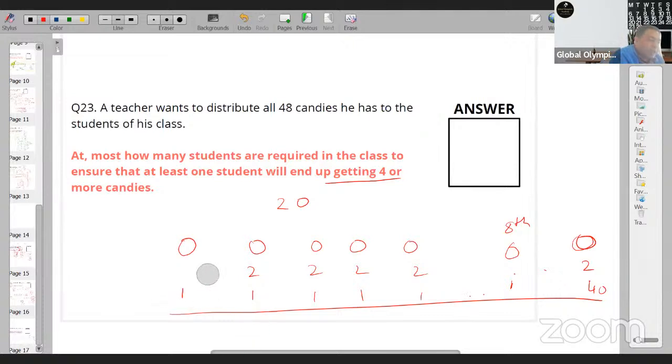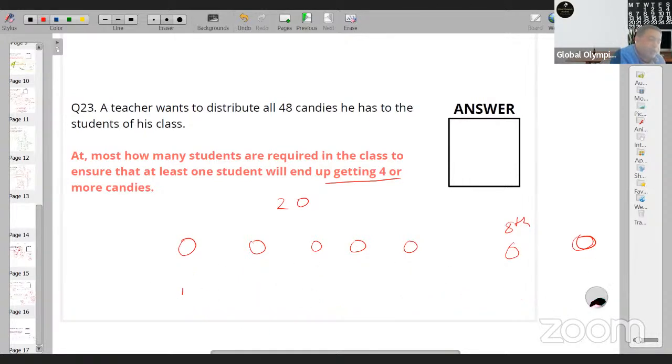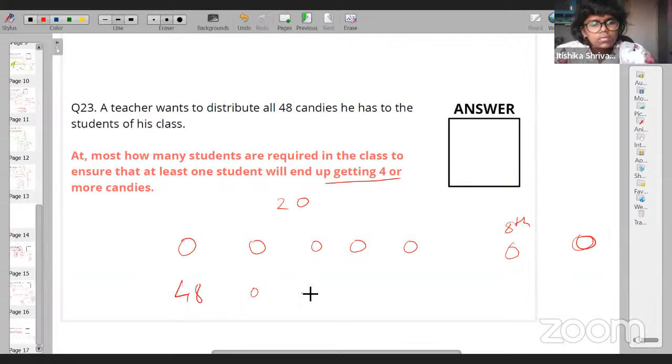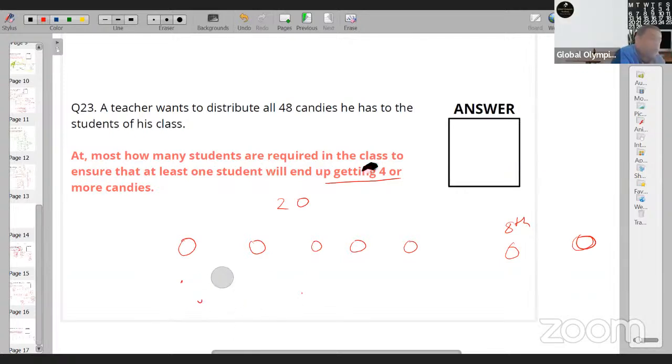See, there are 20 people. I am not saying that we can't give to one person only, I can give 48 and the rest 0. But what if I decide that I don't want to reach 4 for any person? What I will try to do is distribute the chocolate as equally as possible, so that nobody's count goes high.